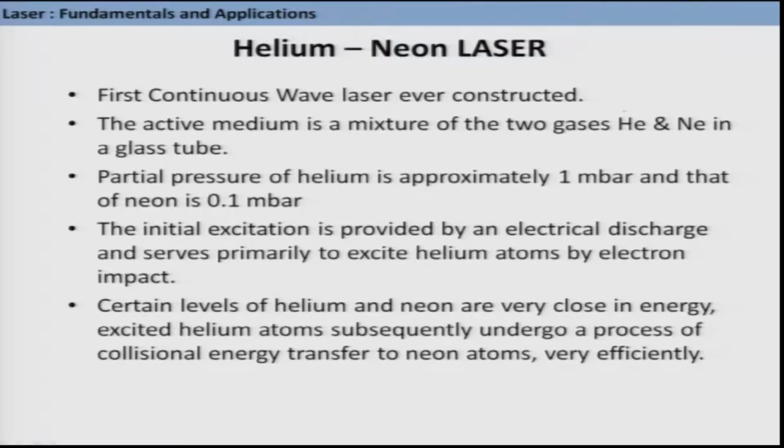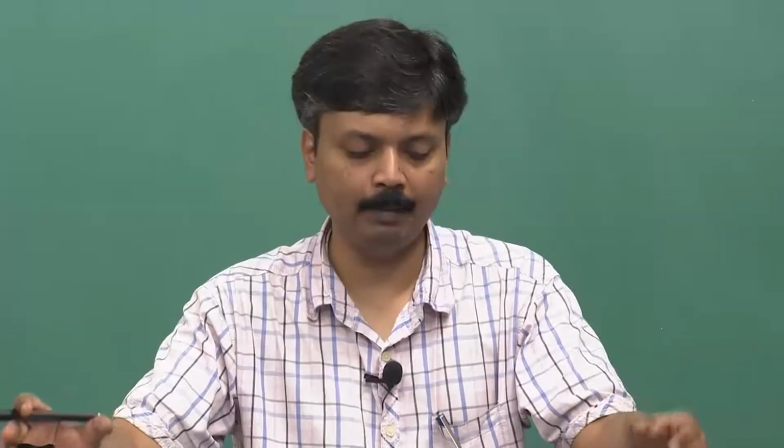Here the active medium is not a single gas, but a mixture of two gases. The important thing to note is that both helium and neon are inert gases. So you mix them in a cell tube and use them as an active medium.